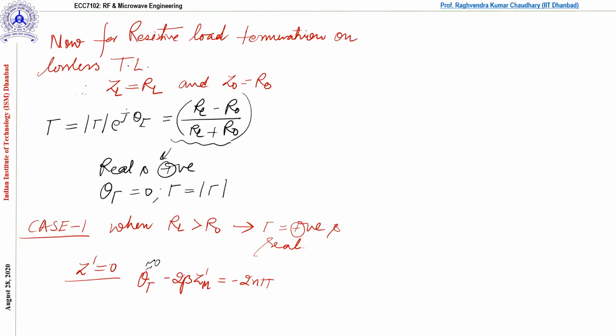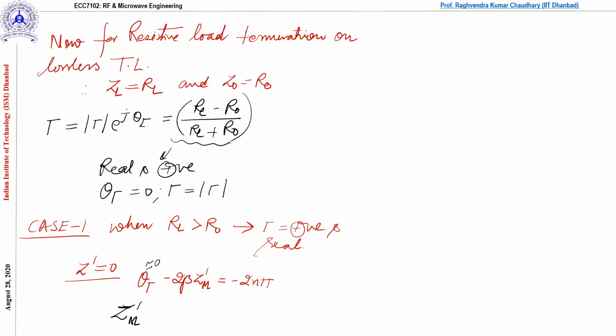Now if this is 0, immediately you can write the outcome Z dash capital M. Please check this notation: I'm using small m and capital M. Capital M is when we get the V max, and small m means I'm getting the V min.